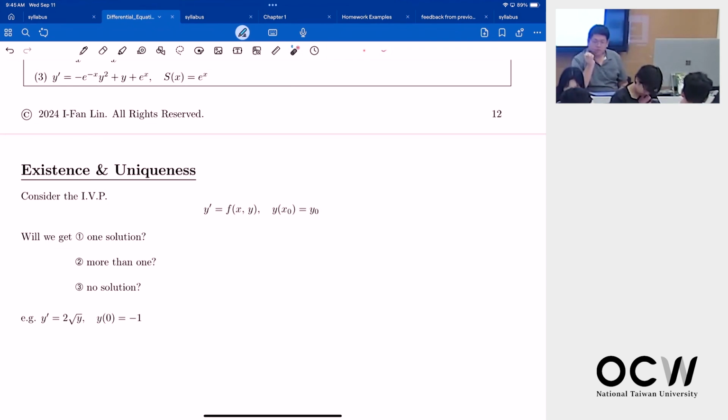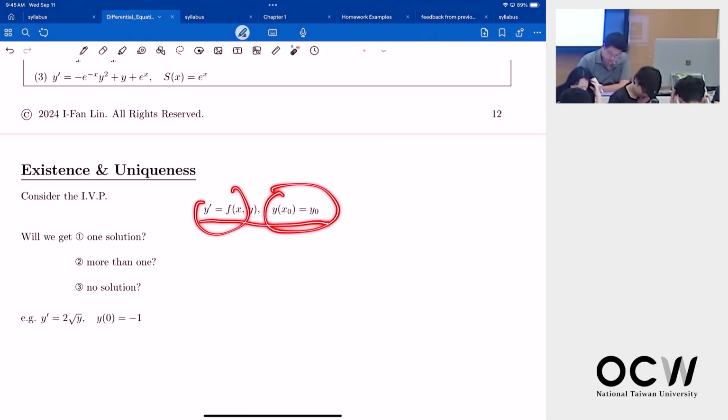How do you verify that? And how do you know that actually there is one and only one solution? So let's see the existence and uniqueness. If we consider the initial value problems, we have the initial conditions. Will we get just one solution, or more than one solution, or even no solution for this differential equation?